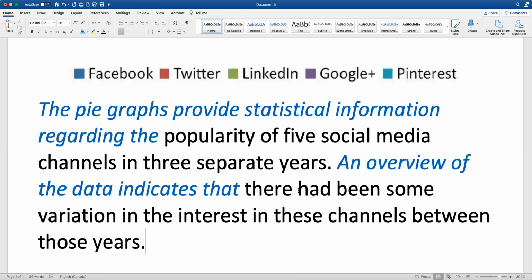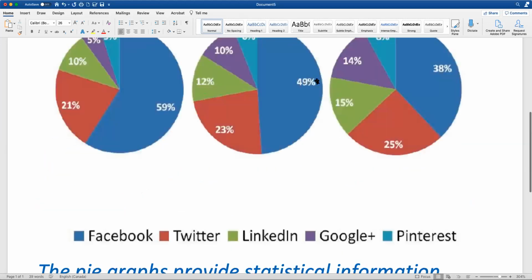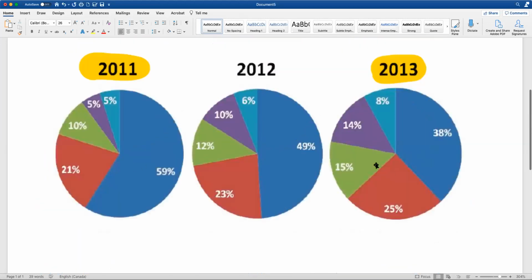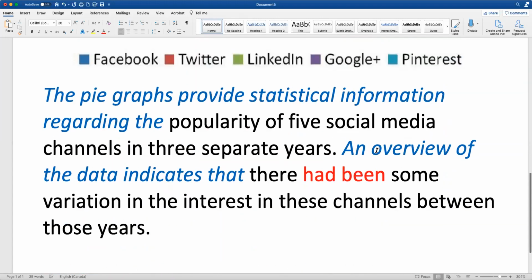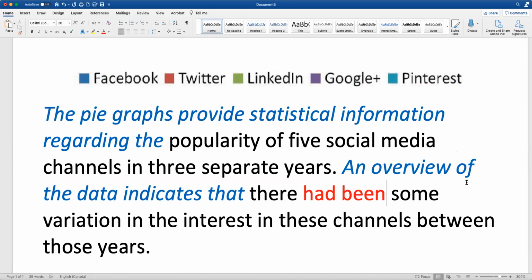Key here is there had been, because we're talking about that period, between 2011 and 2013. So had been some variation in the interest in these channels between those years.